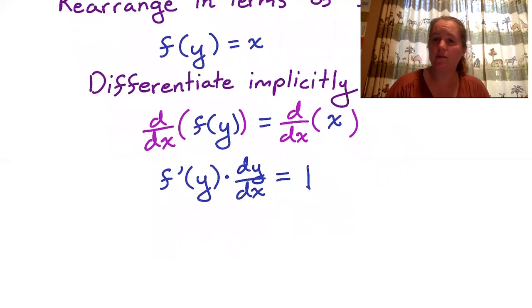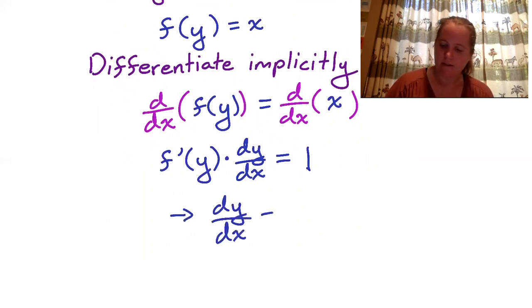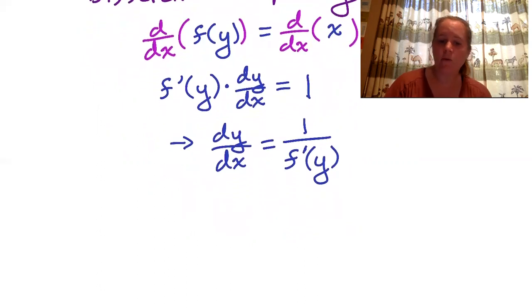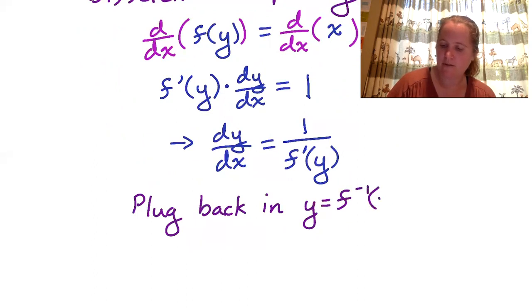If we then solve for dy dx, we get that dy dx is equal to 1 over f prime of y. And then we can plug back in y equals f inverse of x.